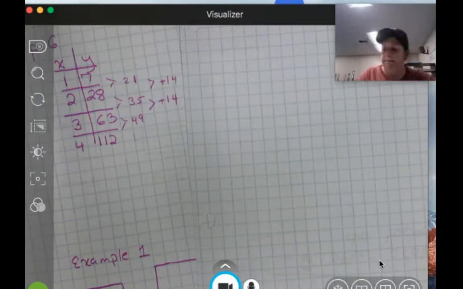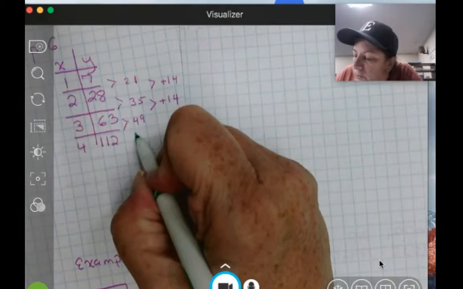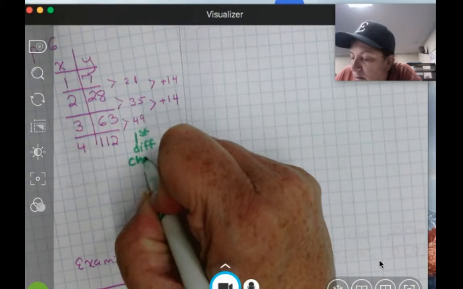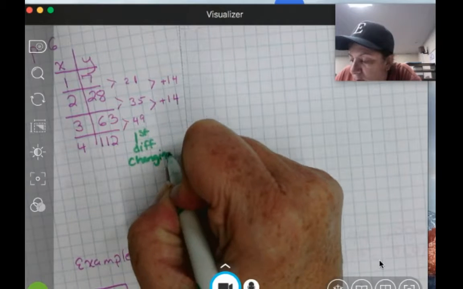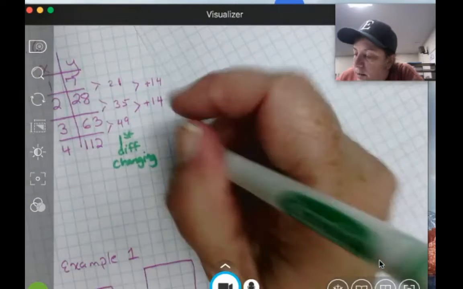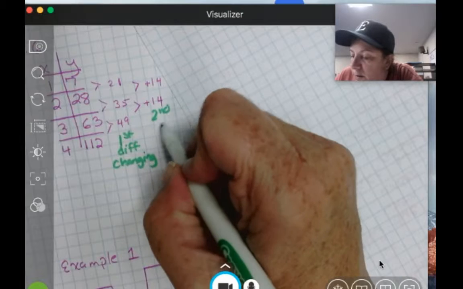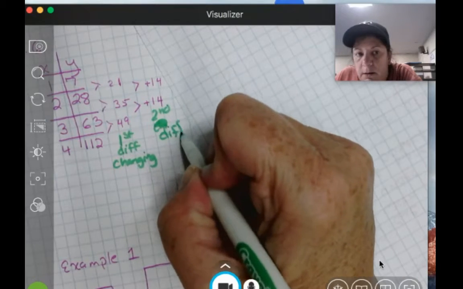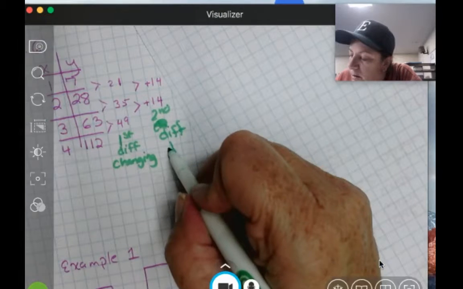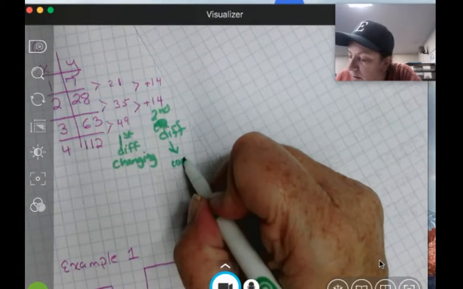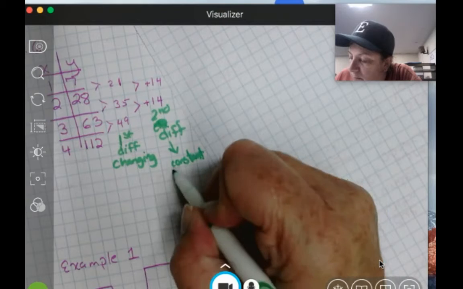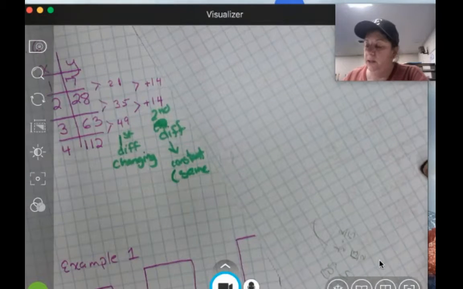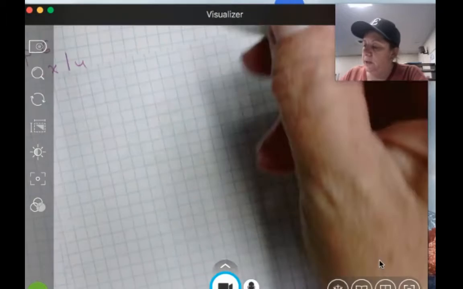So if the first differences are always changing, and the second differences are always the same, constant, then you know that you have a quadratic function.